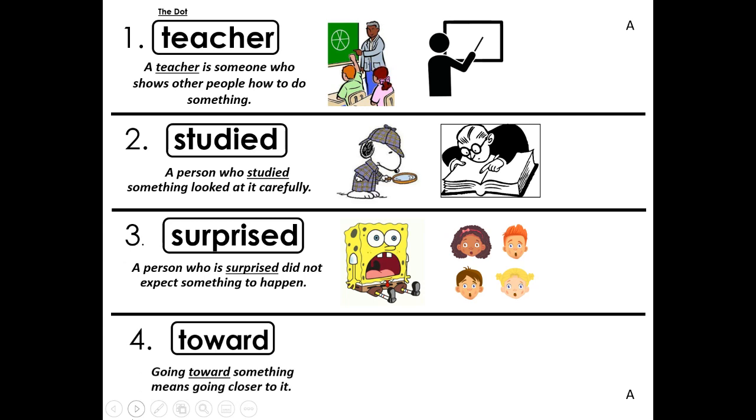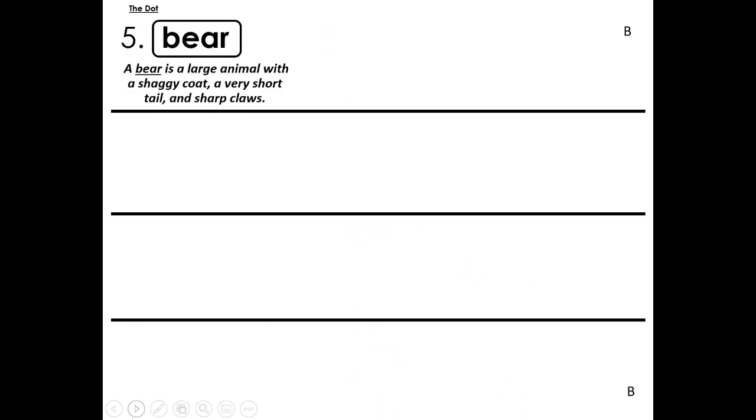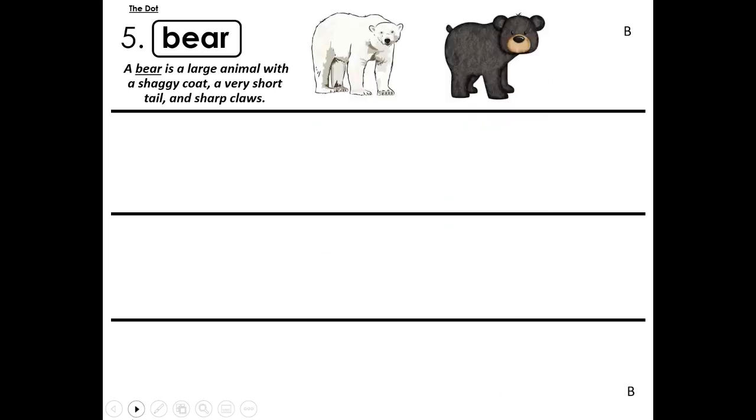Number 4, toward. Going toward something means going closer to it. Toward. Number 5, bear. A bear is a very large animal with a shaggy coat, a very short tail, and sharp claws. Number 6, above. Above means over.